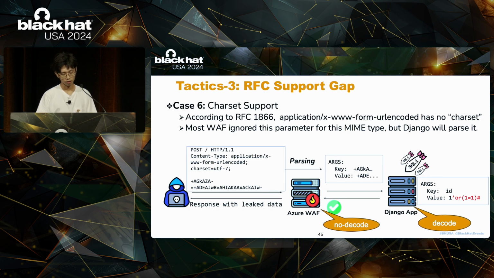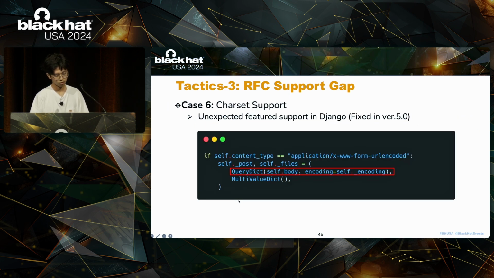So actually, the attacker can use these tactics to bypass almost any WAF and attack the Django app, since the WAF cannot decode this data. So after we found these cases, we checked the code and found the Django will use the charset parameters in the content type to decode the body parameters. It's quite interesting.